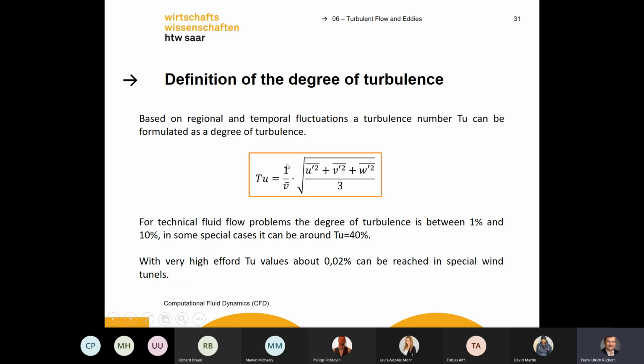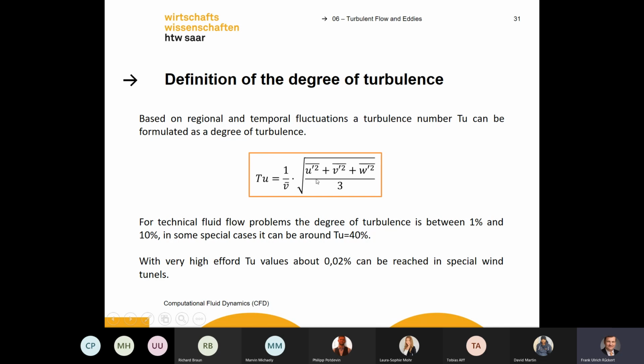The degree of turbulence is defined by 1 divided by the mean velocity, multiplied by the square root of the vector product of these fluctuations.